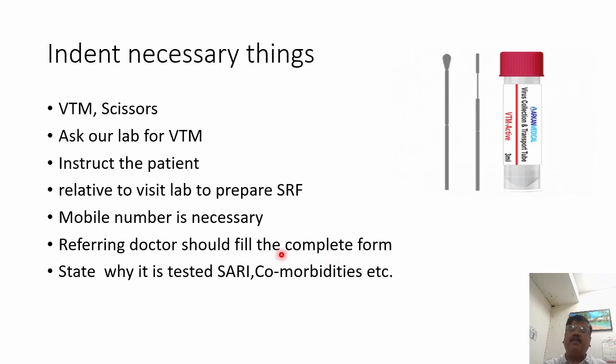Two technicians in the lab have their mobile numbers mapped with the ICMR portal, so they will generate the SRF and state the indication: SARI, elderly individuals with comorbidities, ANC cases and pediatric populations. These are the present indications in May, June 2025.